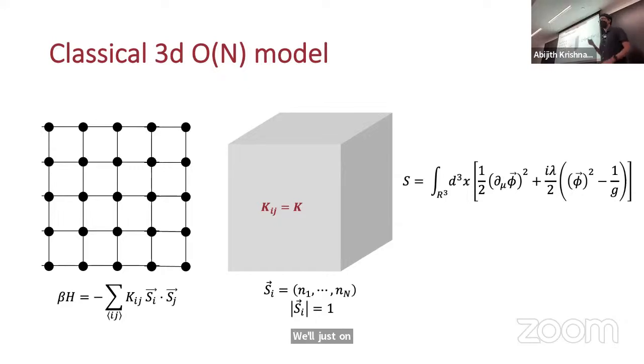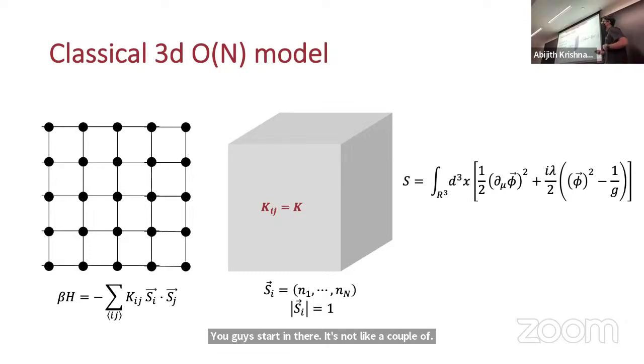I'll jump ahead, but in the case of the 3D Ising model, we'll just consider changing the couplings between spins on the plane defect. That will be our perturbation. A plane defect is not topological in that case. Yeah, it's not topological.